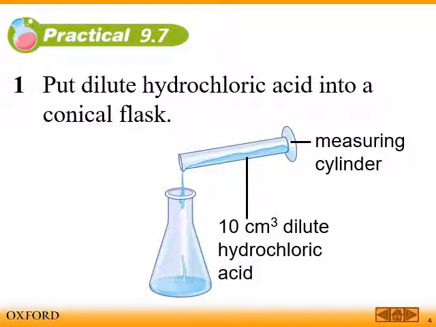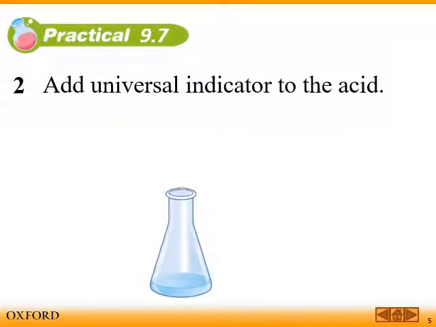First of all, we put some dilute hydrochloric acid into the conical flask. We use a measuring cylinder to measure 10 cm³ of dilute hydrochloric acid to the conical flask. And then we'll add universal indicator to the acid. So do you remember what will be the color change?